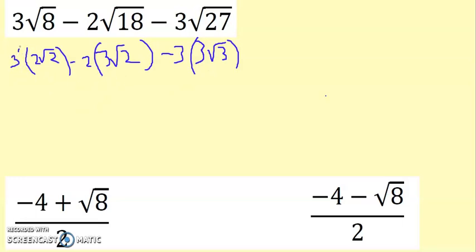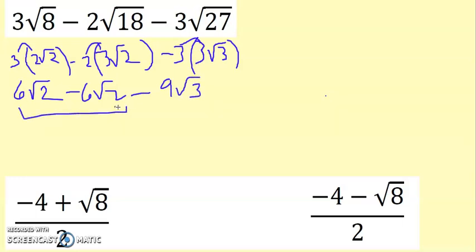Let's multiply the 3 in. We get 6 square root of 2 minus 6 square root of 2 minus 9 square root of 3. Now we can combine these two terms because they have the same base, the same radicand, and the same index. 6 minus 6 is 0. So this is all you're left with. Negative 9 square root of 3.